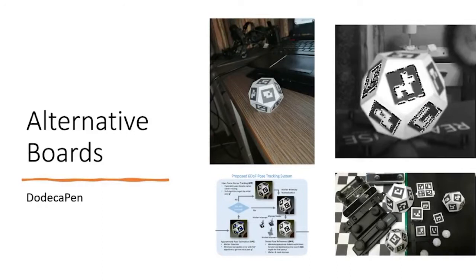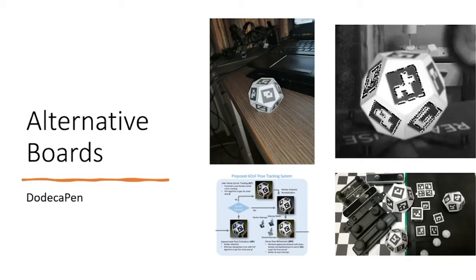I also tried many alternative boards. The one that might be interesting was DodecaPen, which is basically just an ArUco board wrapped around a dodecahedron, and it's not interesting in terms of between sensor calibration, but it might be interesting to create any kind of controller.